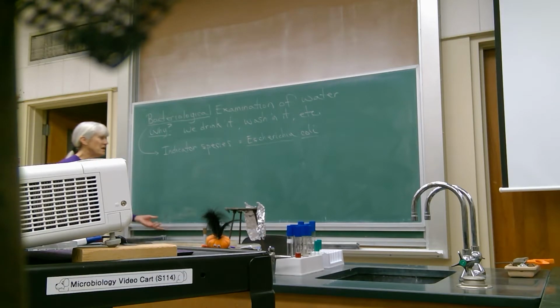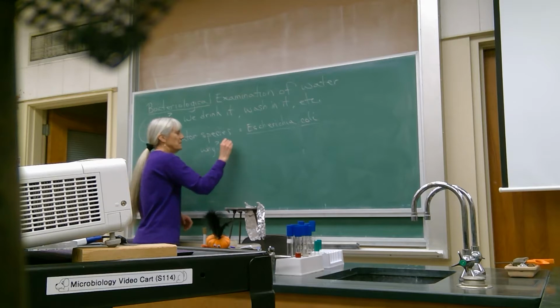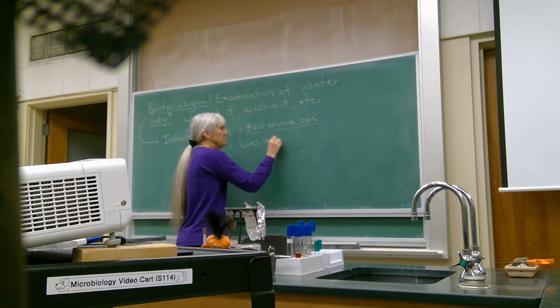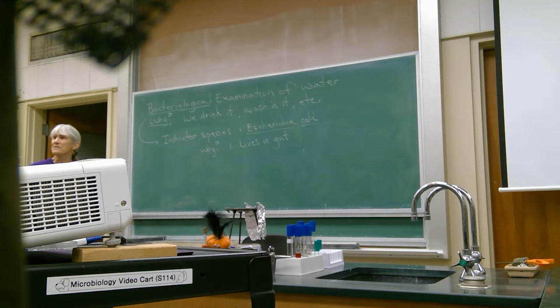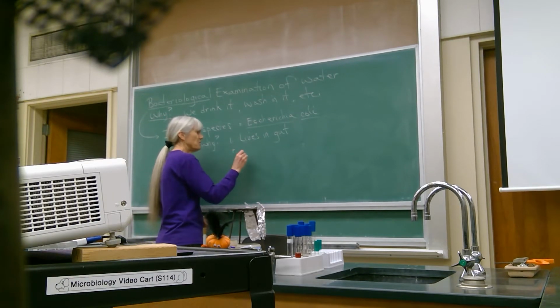So as an indicator, if we said why do we use it? One, lives in the gut of humans and other animals. It does not live in rotting vegetation. If it's in water, that means that water is receiving gut contamination, fecal contamination. And that's something we're concerned about. The other thing about E. coli is it's easy to grow in vitro.